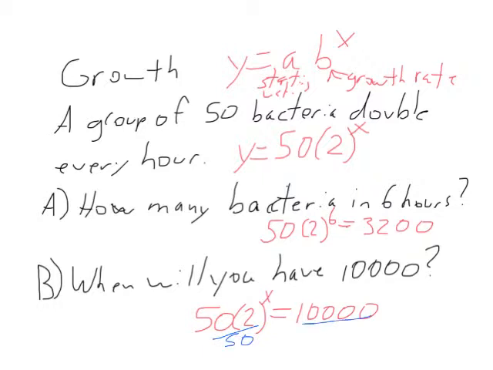I really wanted to get that 2 to the x power all by itself. And after doing that, I would get 2 to the x power equals whatever 10,000 divided by 50 is. I believe that would be 2,000. Okay, so I feel like double checking that. I'm second guessing myself. That's actually 200.